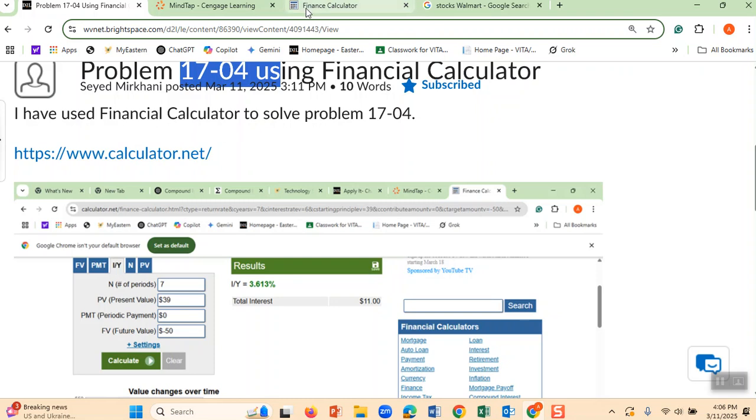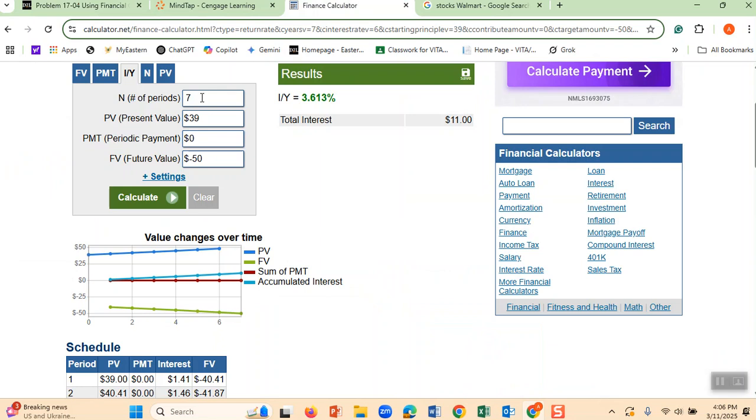Therefore, you go to calculator here. And do you see that I want you to do this calculation? Therefore, you bought your mutual fund for $39 per share. After 7 years, you can sell your fund to someone else for $50. Therefore, that's negative 50.